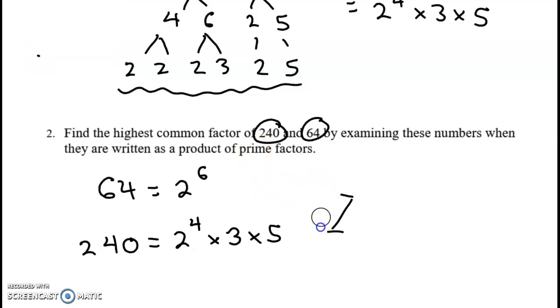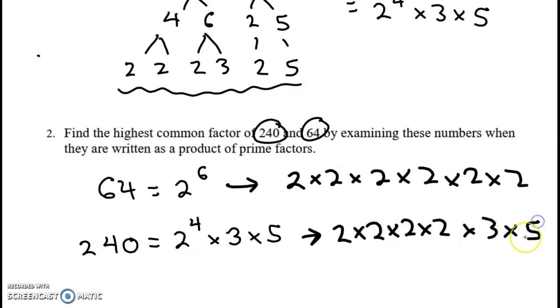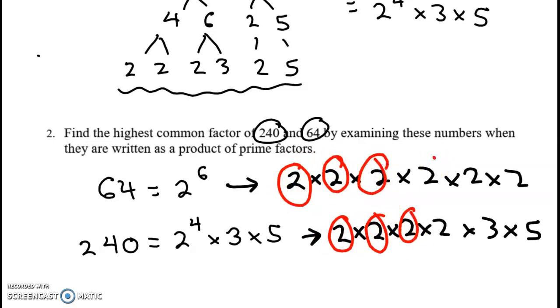Alrighty, well, if we just write both of them again in the form that we had before, so if we split up this guy into 2 times 2 times 2 times 2 times 2 times 2, and this guy into 2 times 2 times 2 times 2 times 3 times 5. What do they have in common? Well, there's a factor of 2 and another factor of 2 down the bottom, a second one, a third one, and a fourth one.